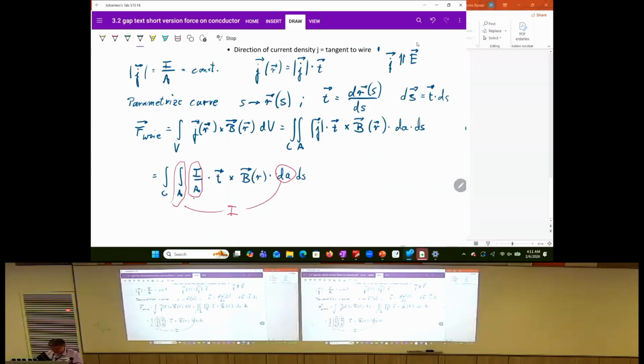On the other hand, you have the integration of the tangential component and the differential line element, but that is basically the line element in vectorial form. And so you obtain an integral over the path that describes the wire, over the current and the orientation of the current at each differential element, with the cross product of the magnetic field.